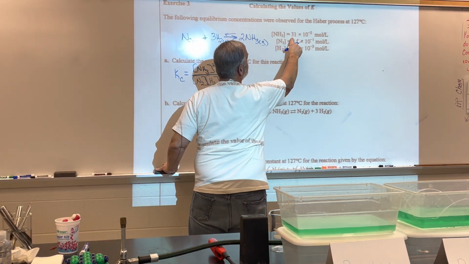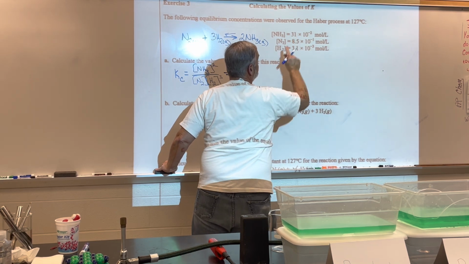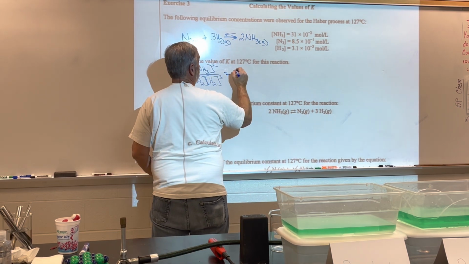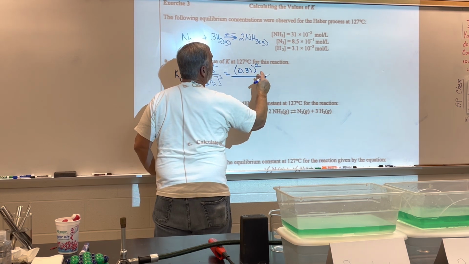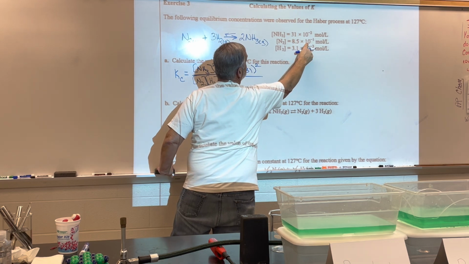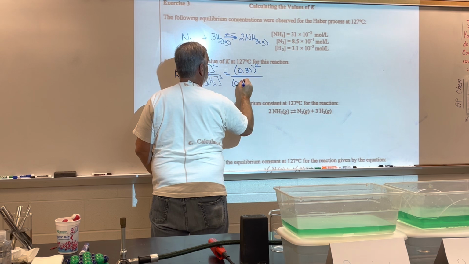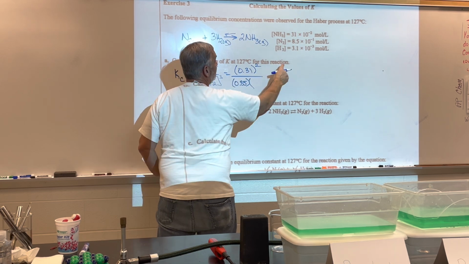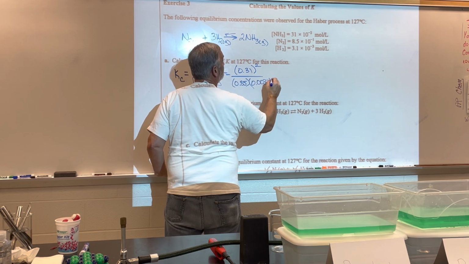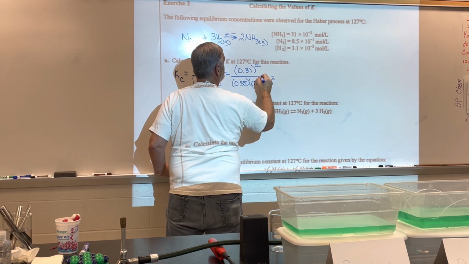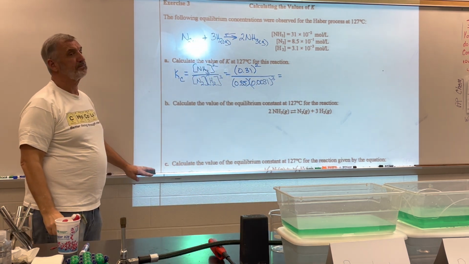Now I don't know why they said 31 times 10 to the minus 2, but in decimal that would be 0.31, squared, divided by 8.5 times 10 to the minus 1, which is 0.85, to the first, times 0.0031, cubed. So somebody get me an answer for that.